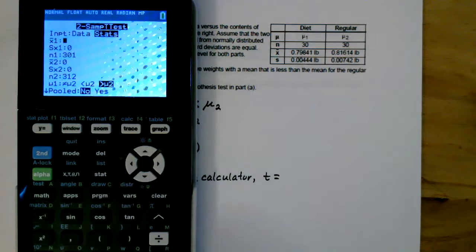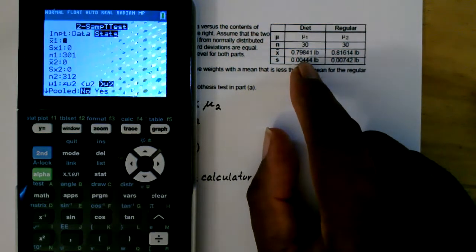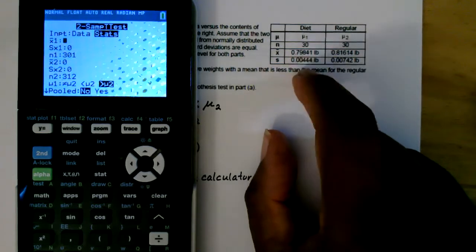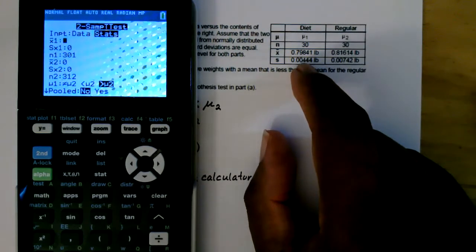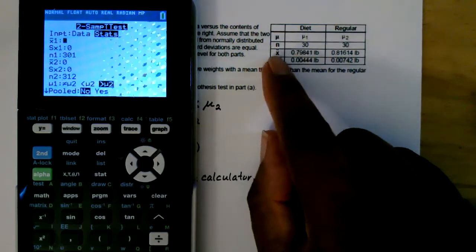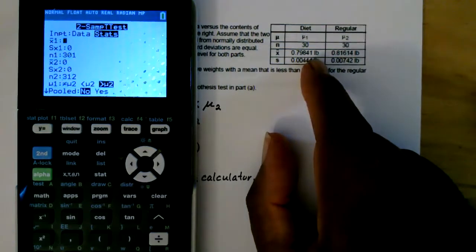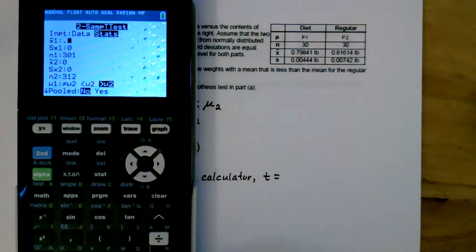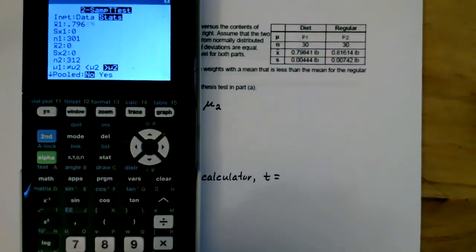And then in x̄1, S1, and n1, we'll have the summary statistics for the diet soda. So x̄1 is this number, 0.79641, and then enter.